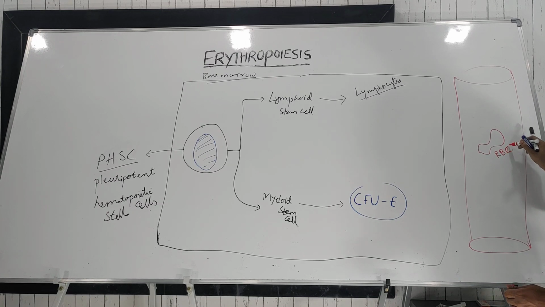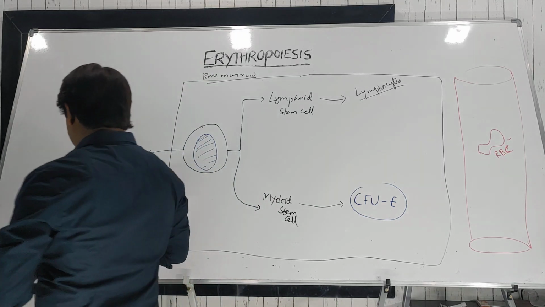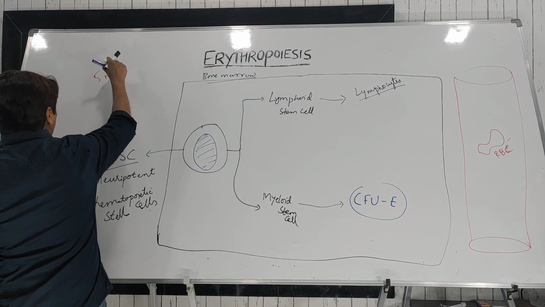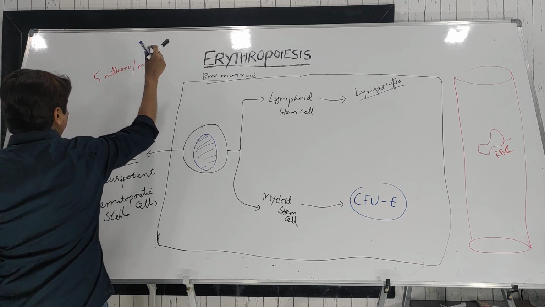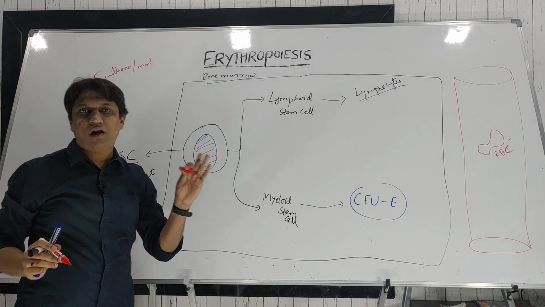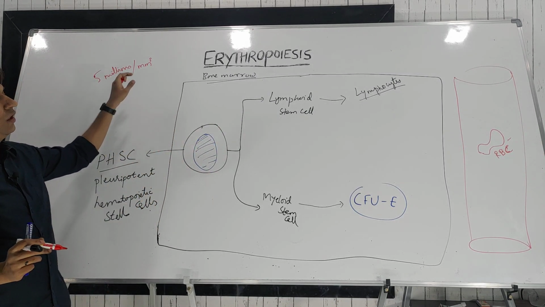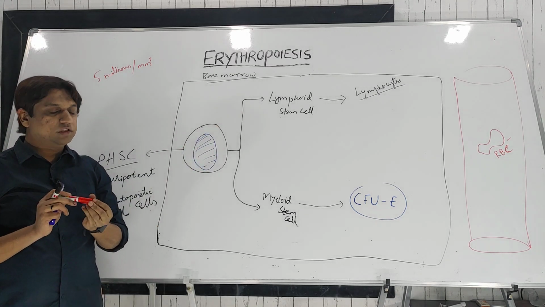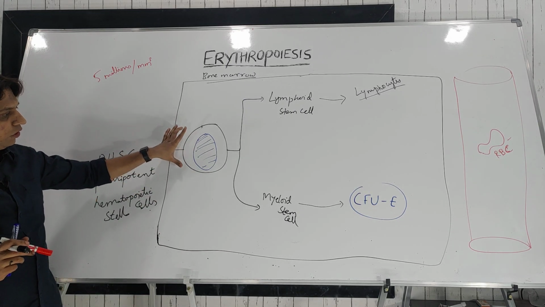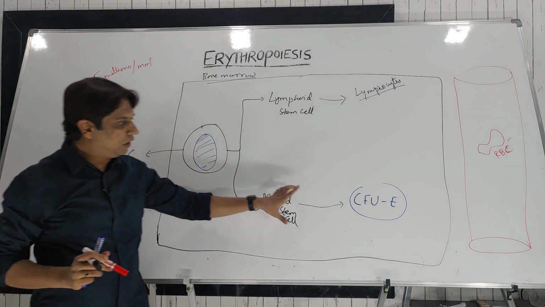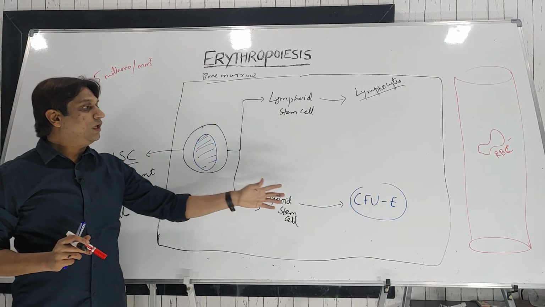The normal quantity is around 5 million cells per cubic millimeter of blood, on average. Those 5 million cells are produced by the pluripotent hematopoietic stem cell, which is an uncommitted stem cell, and ultimately by the colony forming unit, which forms RBCs by undergoing various stages.